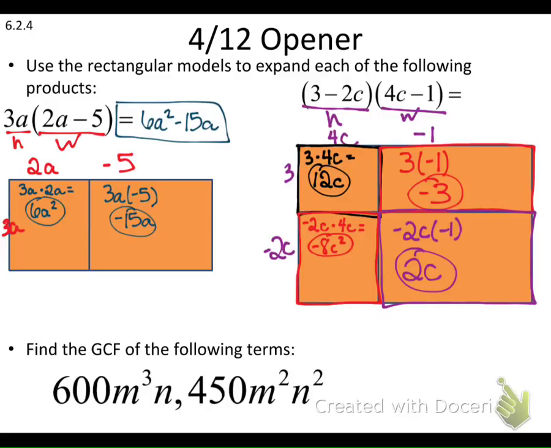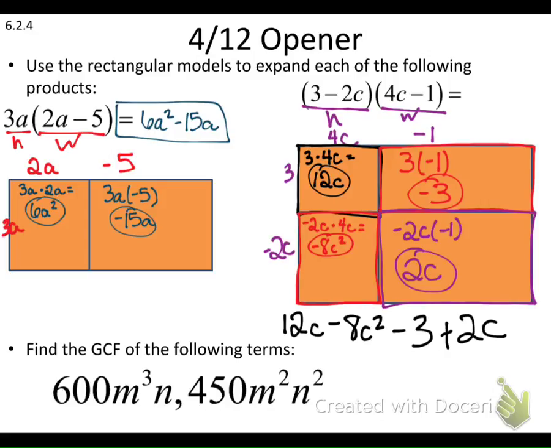All right. Remember that you write it up here next to the equal sign, but I do not have a ton of room up there, so I'm going to write them down here. So I have 12C minus 8C squared minus 3 plus 2C.